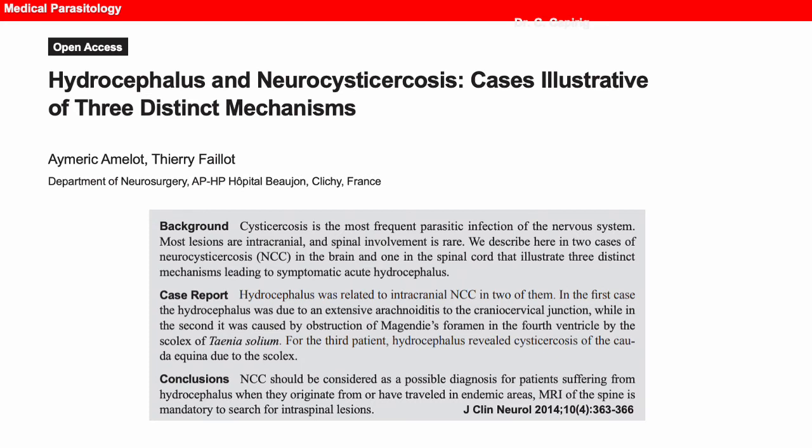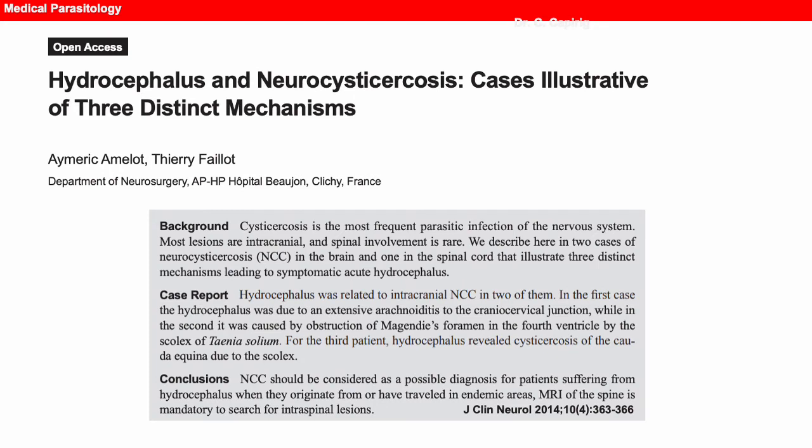So if there is a space-occupying lesion, or if you add matter inside the skull, the pressure will eventually accumulate and can result in hydrocephalus. Hydrocephalus is the accumulation of fluid inside the cranial vault.